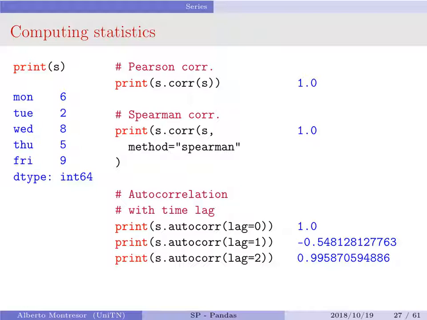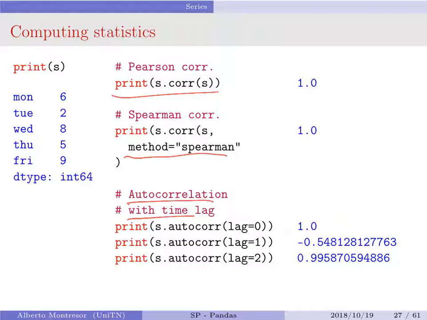So for example, this probably should be covered by the statistics course, but you can compute the Pearson correlation, the Spearman correlation, but in this case you have to specify which method you want to use. And then, for example, autocorrelation with a time lag. What does it mean?